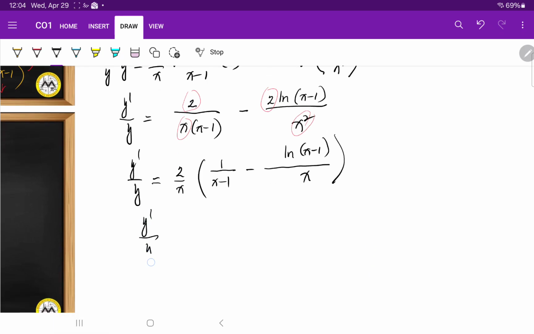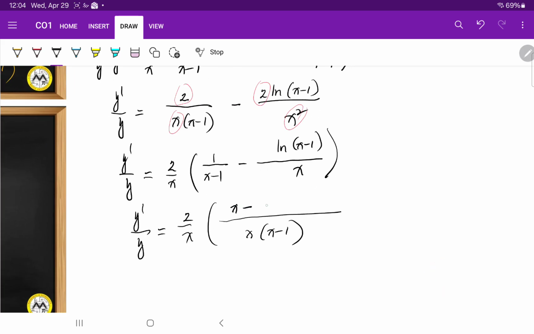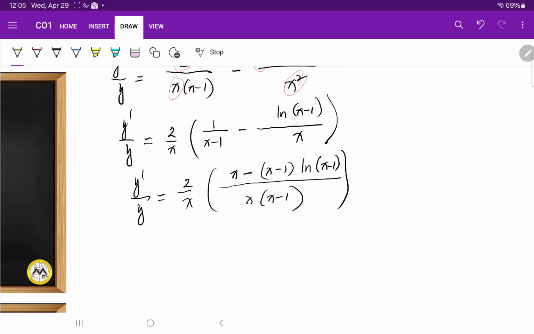So we have y prime over y is 2 over x times, we get the least common, and the least common is x times x minus 1. So this is x, it's like cross multiplying. So x times minus x minus 1 times ln of x minus 1. And then, what do we do next?